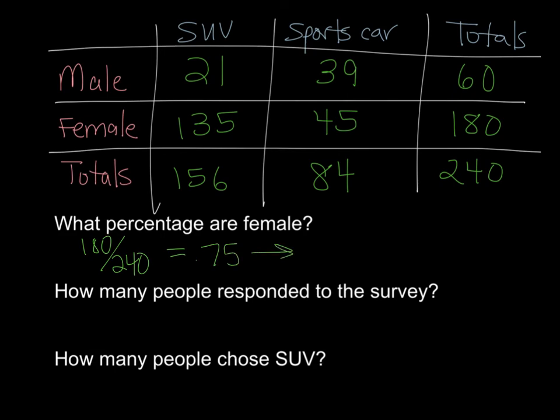So when we multiply that by 100, we get 75% of this survey were female. Then the question says, how many people responded to the survey? Good information to know. There was 240 people total who responded to the survey. How many people chose SUV? Well, 156 out of that 240 chose SUV.